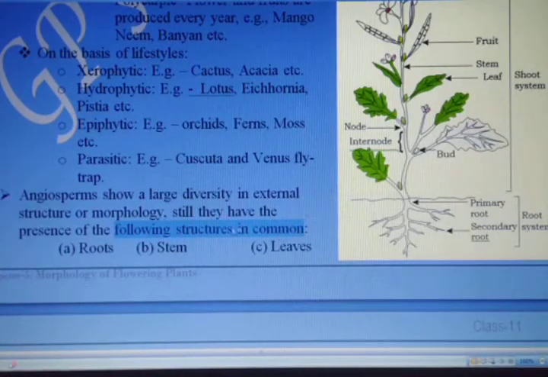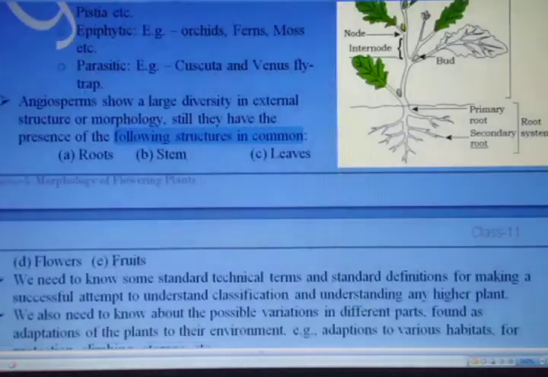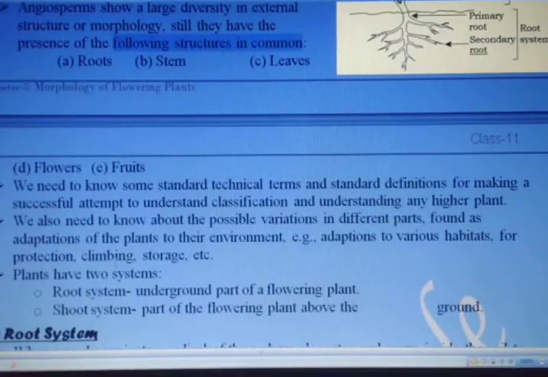That means these organs or parts of the plants are found in all the plants, and these are common structures, for example roots. All plants have them, because unless and until root is there, how is the plant going to get fixed into the soil, how will the absorption of water and minerals take place?